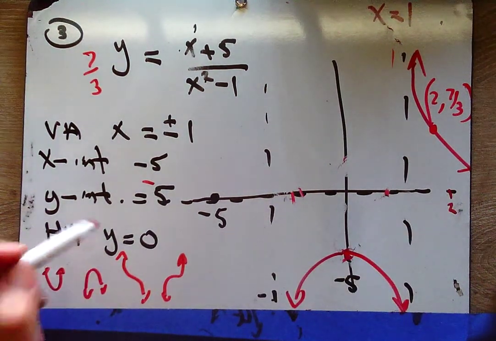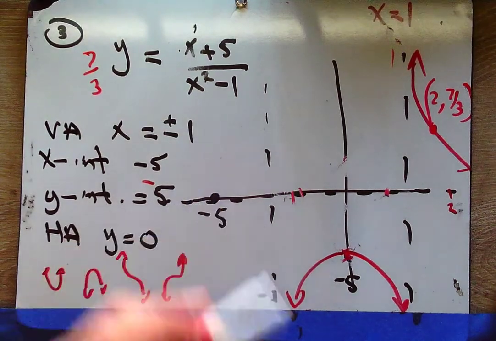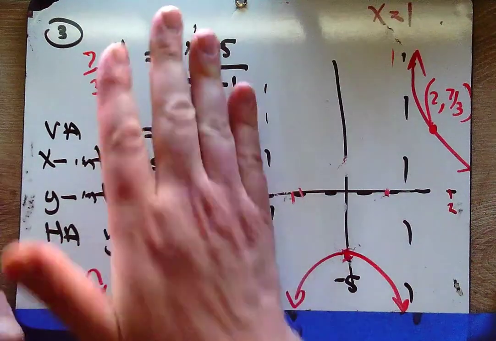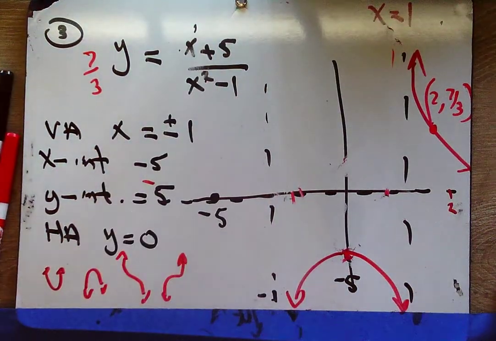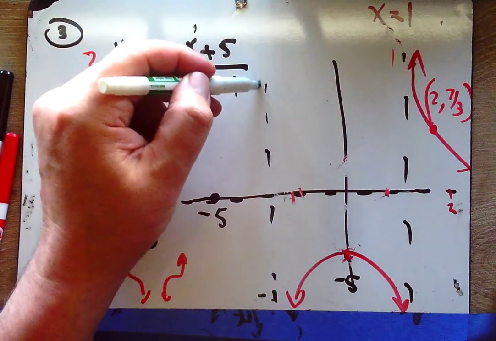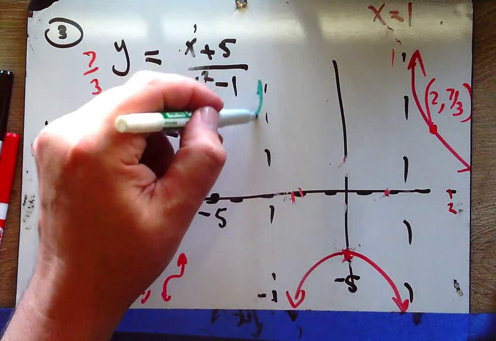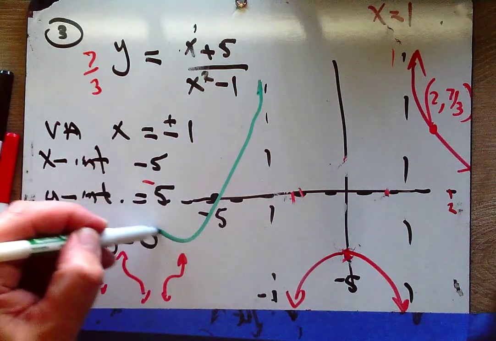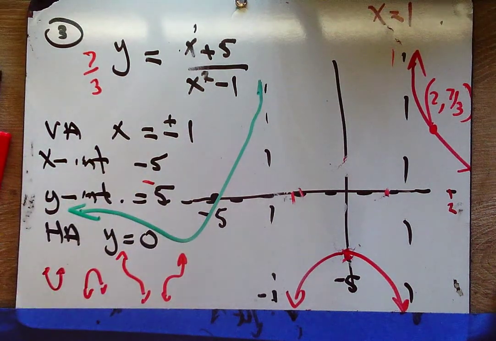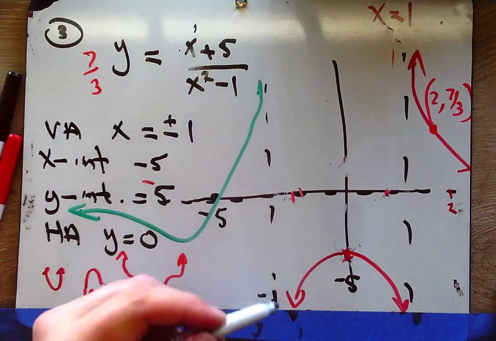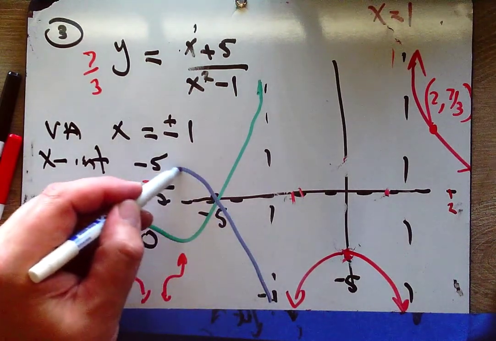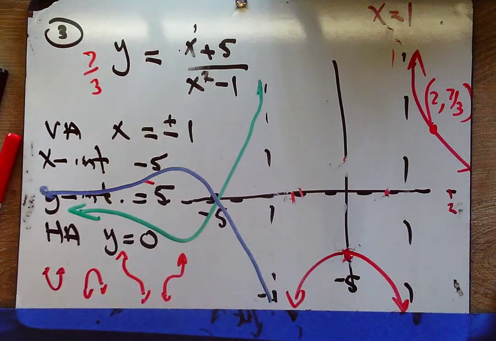Okay, last part. This part over here, to the left of x equals -1. Remember, I've got 2 choices here, just like I did over here, but one of them passes through the horizontal asymptote and comes up. The other passes up through the horizontal asymptote and comes back down.